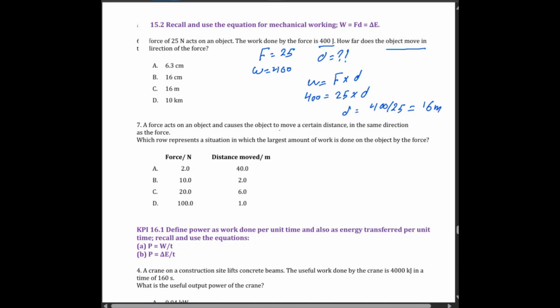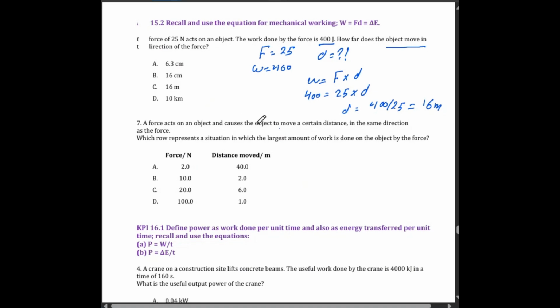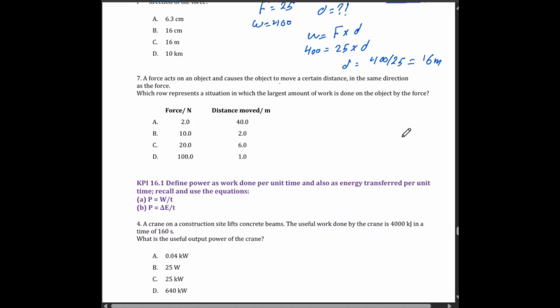For question number 7, a force acts on an object and causes the object to move a certain distance in the same direction. Which row represents the largest amount of work? So again, for the largest amount of work, you need to calculate F multiplied by distance: 2 multiplied by 40 is 80 joules.